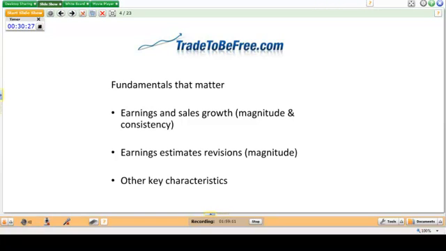I want to talk right now about the fundamentals that really matter in trading. Two areas of fundamental analysis, two characteristics of stocks that tend to lead to higher prices and are proven to lead to higher prices in the short term. And when I say short term, I mean over the next few weeks to a couple of months at least. Those two characteristics are strong and consistent earnings and sales growth.